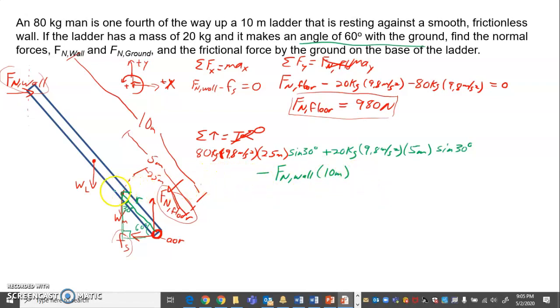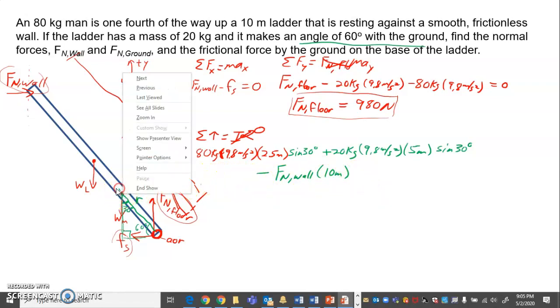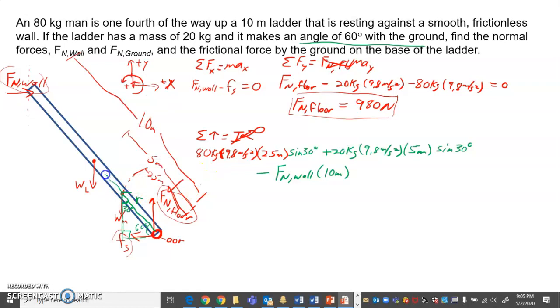And then we need to figure out the angle in this case. So if we continue this R all the way up to there, now we need to figure out the angle here, or we could extend the normal force of the wall. We could write it here instead and figure out this angle.